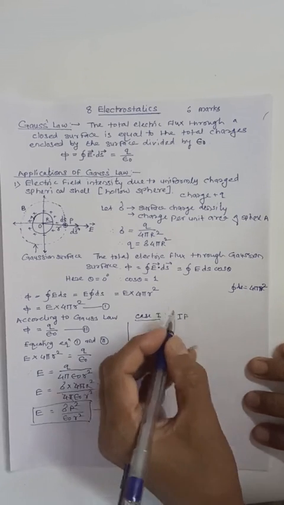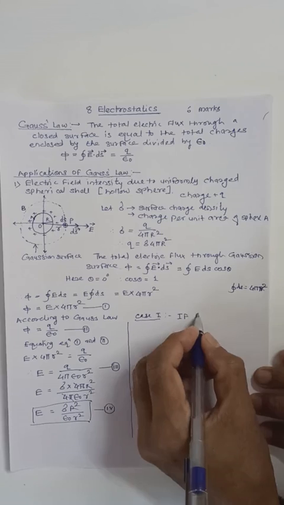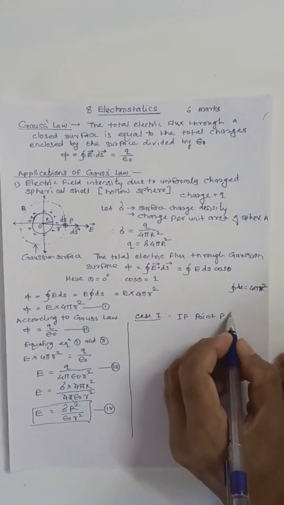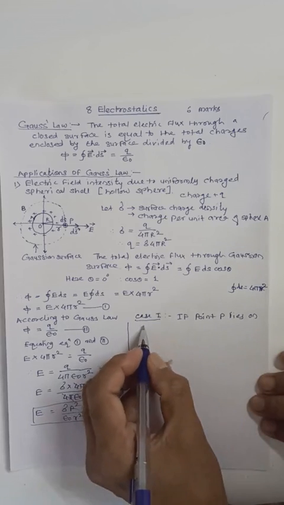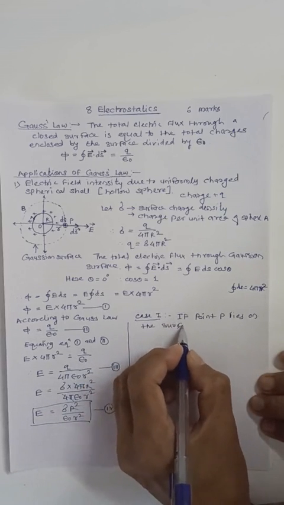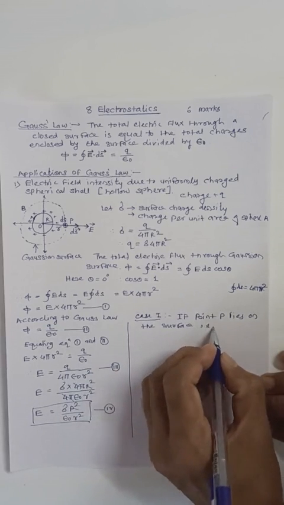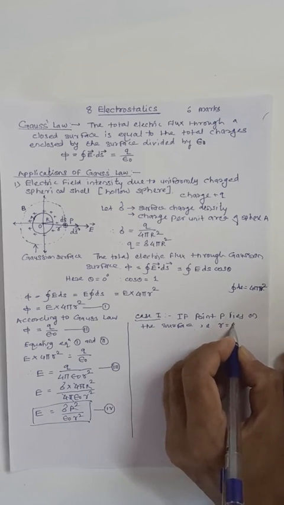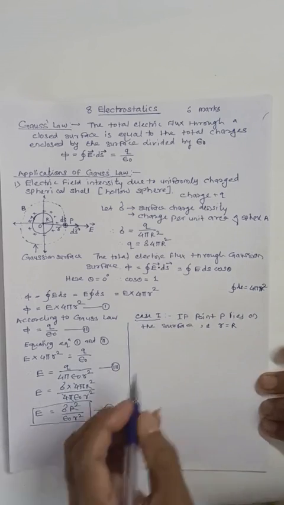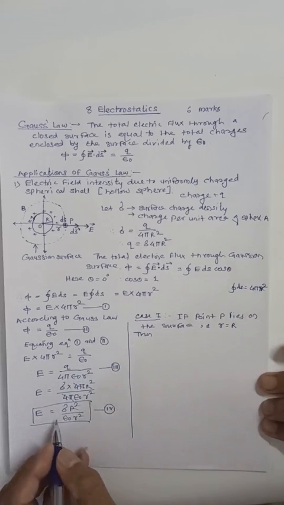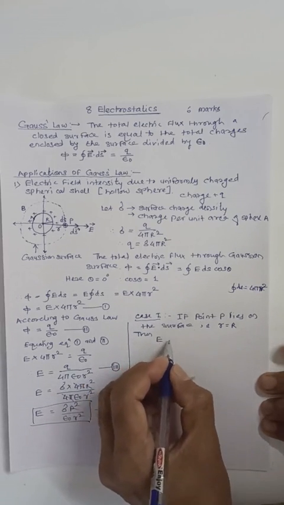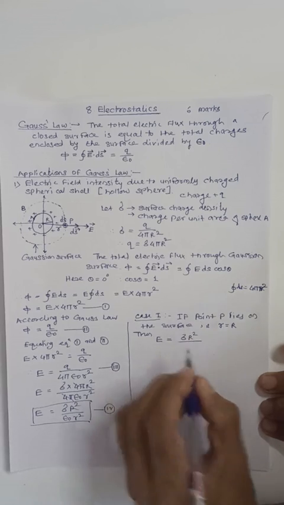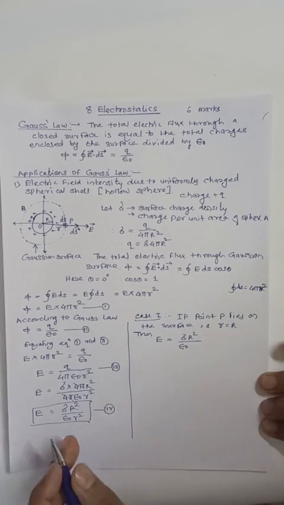If this point P lies on the surface, that is small r is equal to capital R, then this equation becomes E is equal to sigma r square upon epsilon 0.